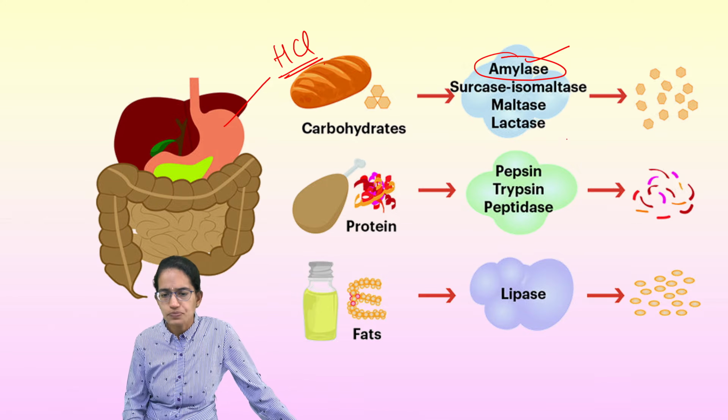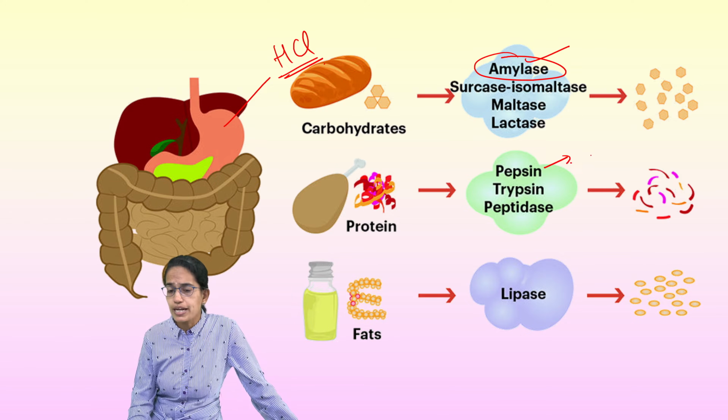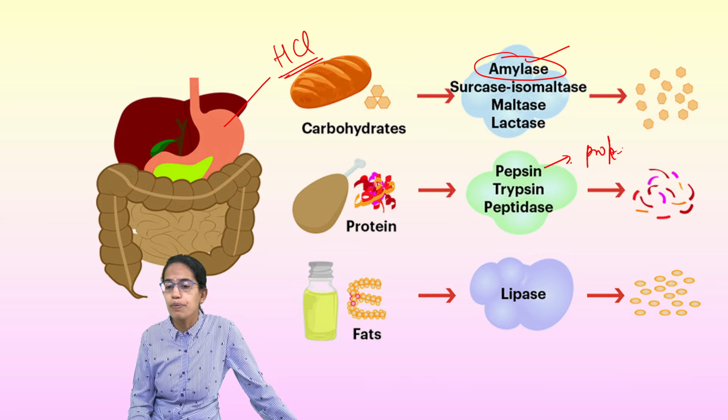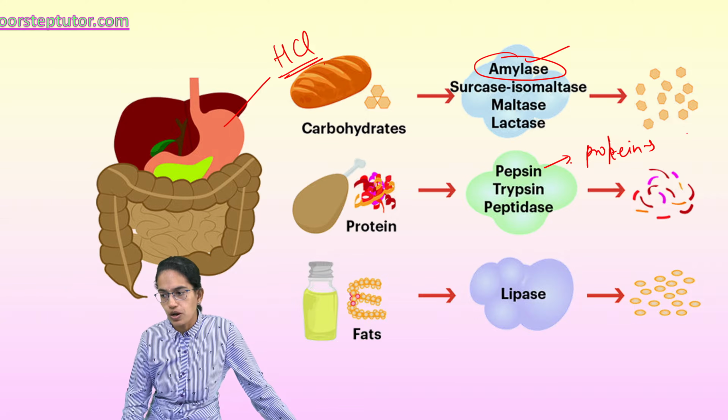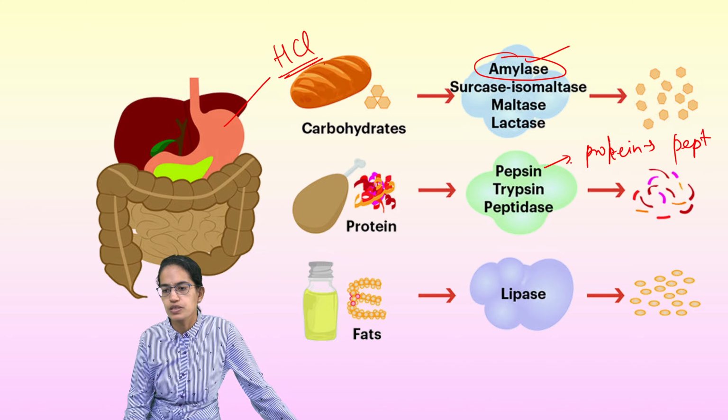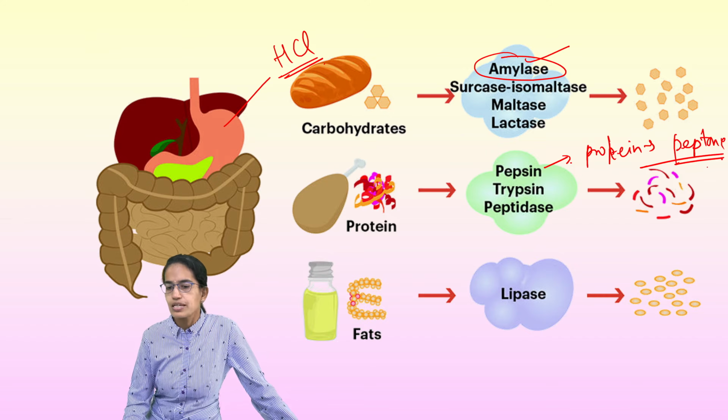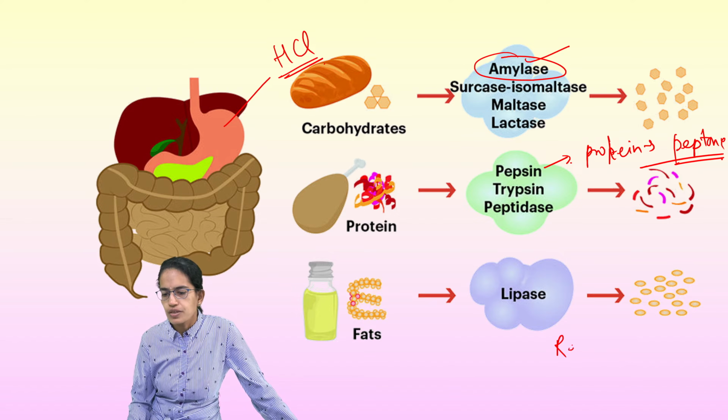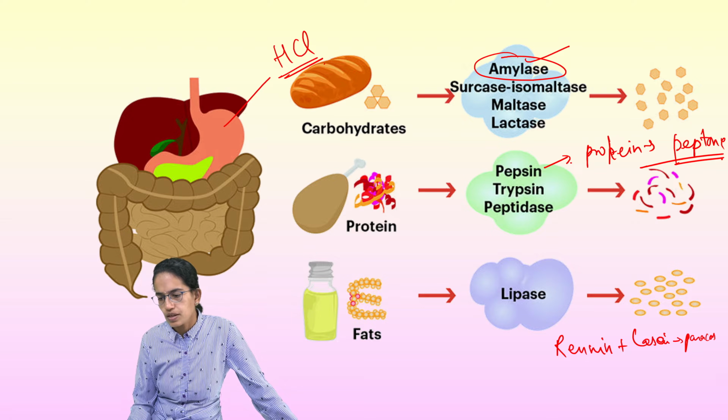Now pepsin. The function is to break down protein into peptones. So protein not into amino acid but into peptones by pepsin. Renin is used to digest milk. Now the process of digestion by renin is simple. Renin combines with casein, which is the milk protein, to form paracasein.